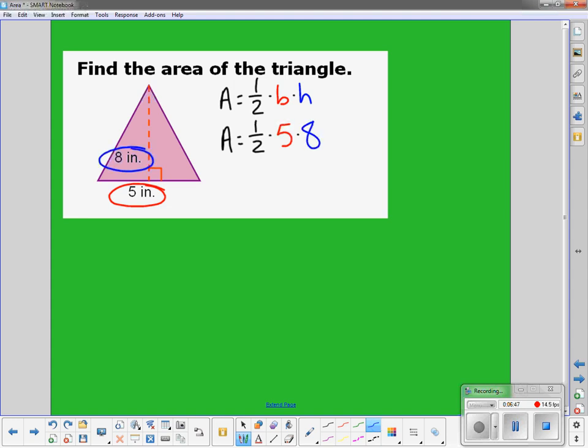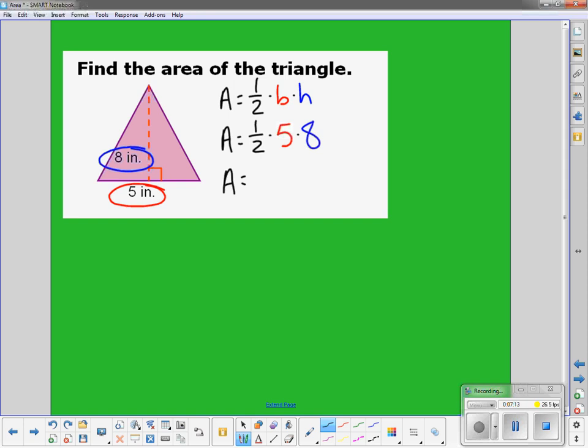Now, if you will recall, we studied the identity property of multiplication, and the identity property of multiplication says that if you are only multiplying, then you can multiply in any order that you want. And since I have 1/2 times 5 times 8, I would like to use the 8 and multiply it by 1/2 since it is the even number.